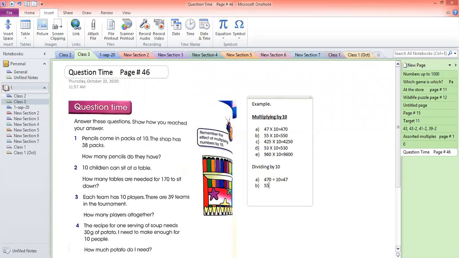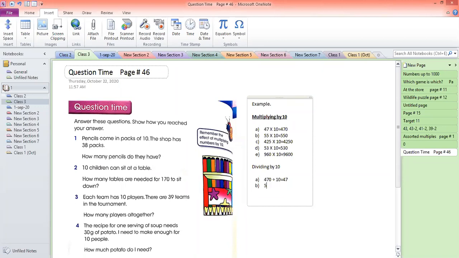Second example, if I say 550, you have to divide it by 10. So 550, when you are dividing by 10, you will write 550, and because you are dividing by 10, you will remove this 0 and it will become 55.